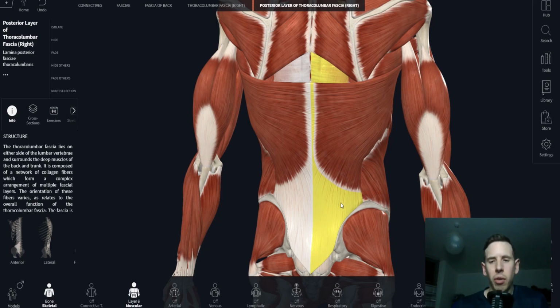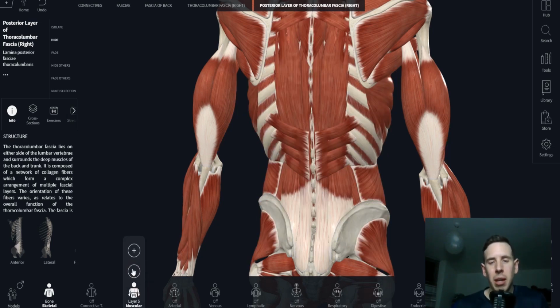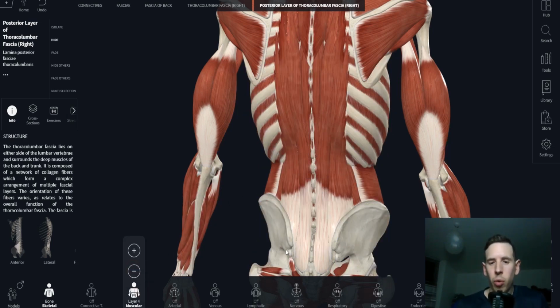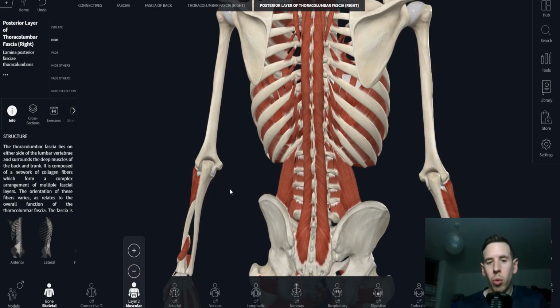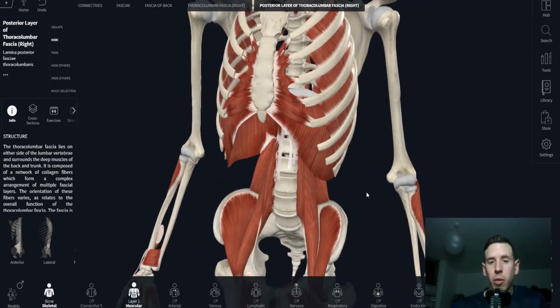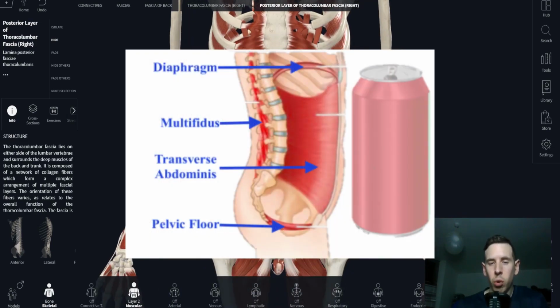We have a link of the transverse abdominis going into that posterior weightlifting belt at the back, helping to provide some stability there. So that makes up the pelvic floor being the floor, diaphragm being the ceiling, multifidus being the back wall, and transverse abdominis being the front wall, gives us our core cylinder.